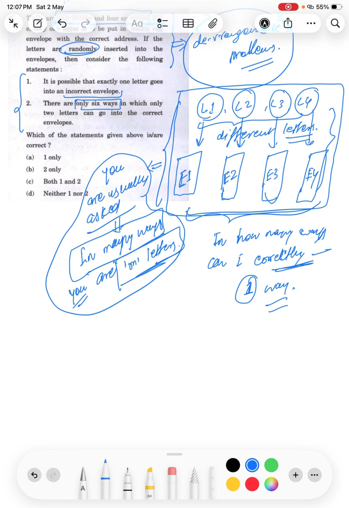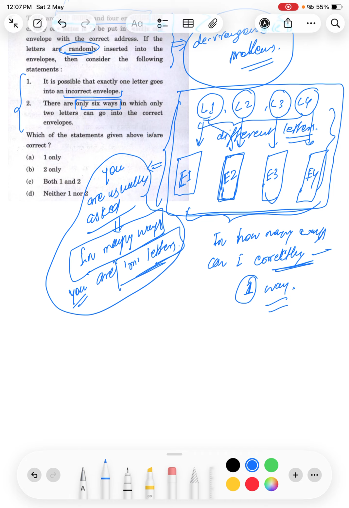Because you have the same number of envelopes and letters, if you put one letter in a wrong envelope, then the letter of that envelope has to go to the other envelope where the first letter did not go, right?